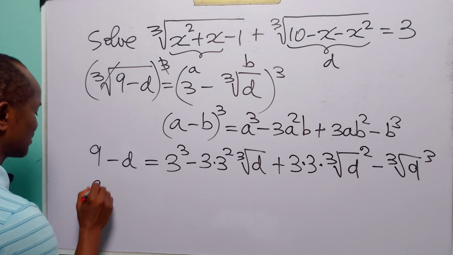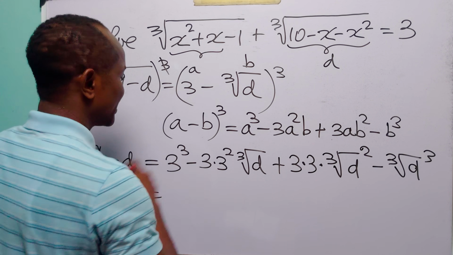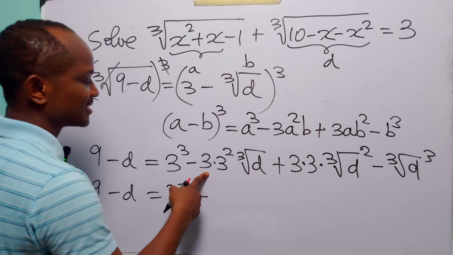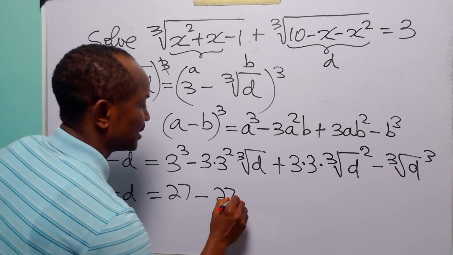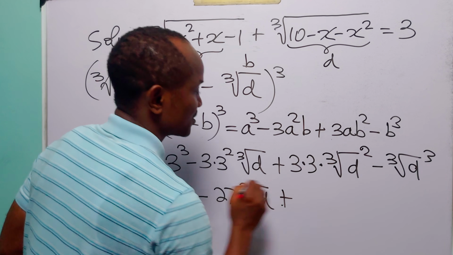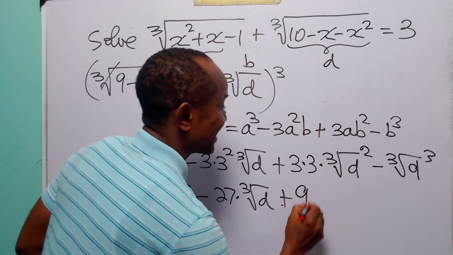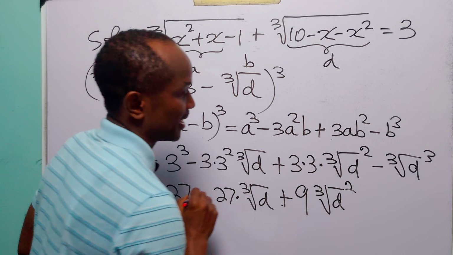Now, from here, we have that 9 minus d is equal to 3 cubed, which is 27. Now, this is 3 times 9, which is also 27, times the cube root of d, plus 3 times 3, which is 9, so this is 9 times the cube root of d squared.